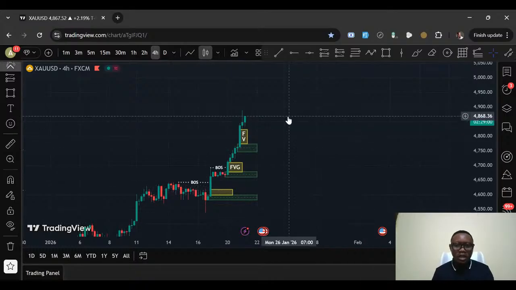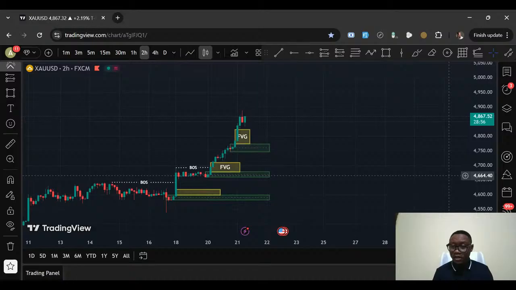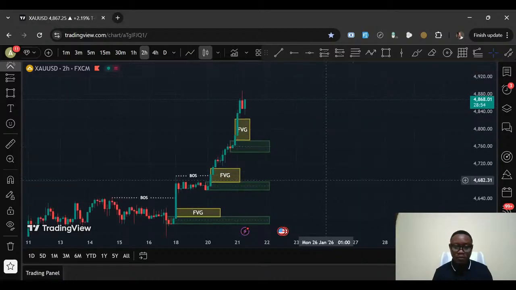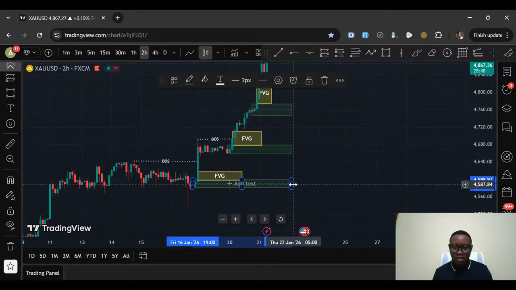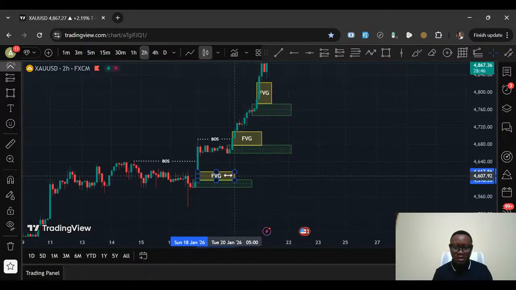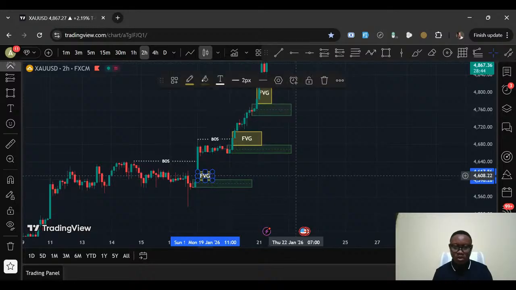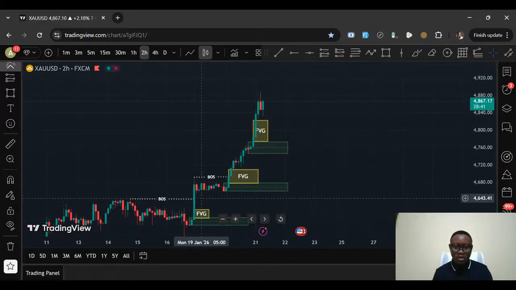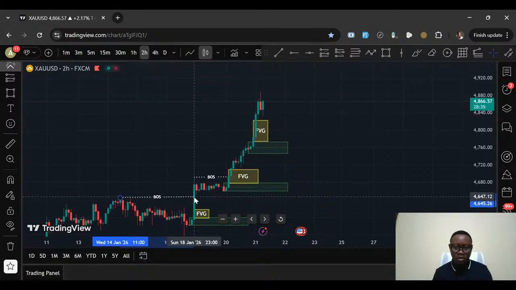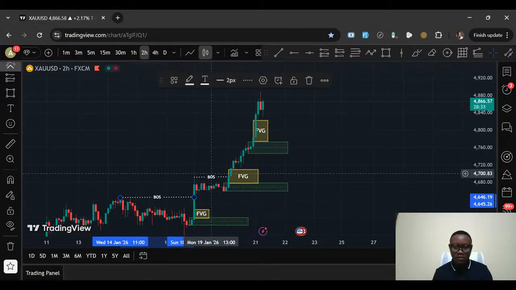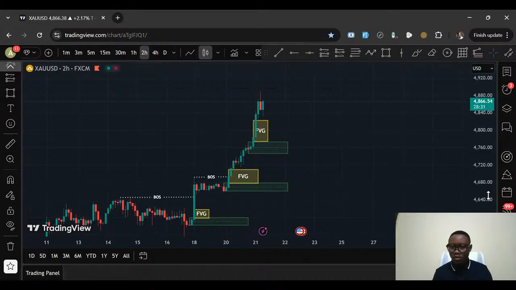We need to drop down to 2H to further refine the zone and identify other new zones. Okay, so we can refine this further to this. Let's minimize this a little. And this, let's push it a little. So this is this. And for this, it's cool.